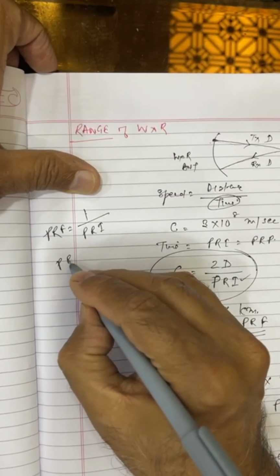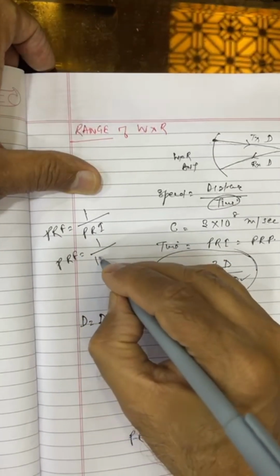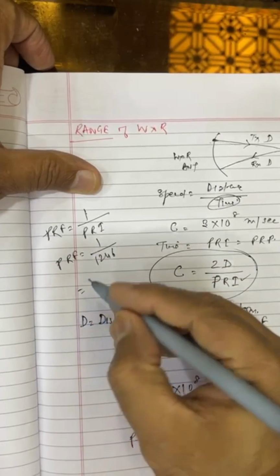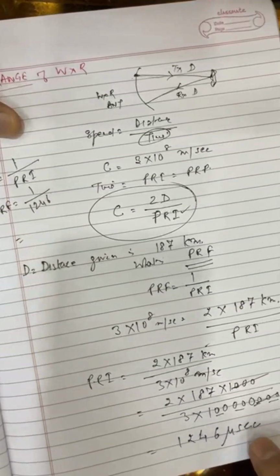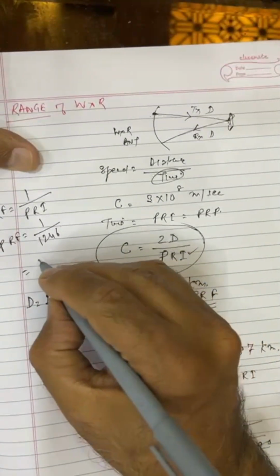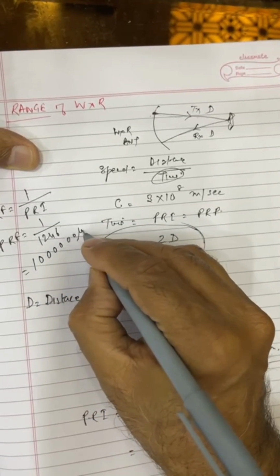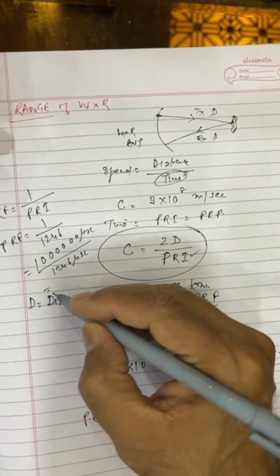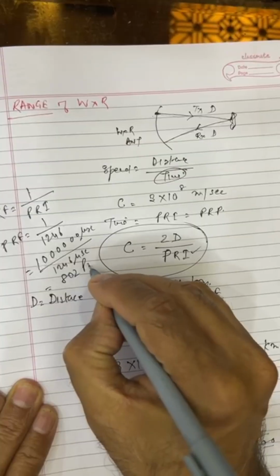So PRF is 1 upon 1246. Again remember, convert this 1 into microsecond, since this is given in microsecond. So 10 lakh microsecond divided by 1246 microsecond. The PRF will come out as 802 pulses per second.